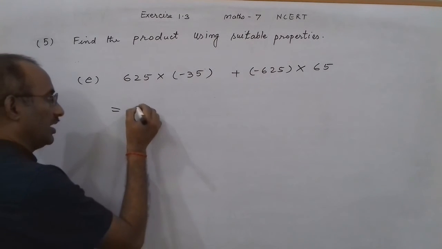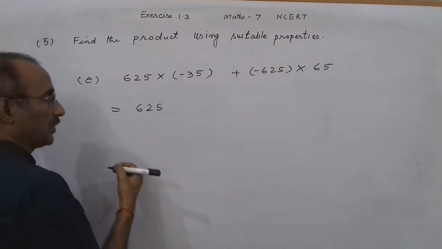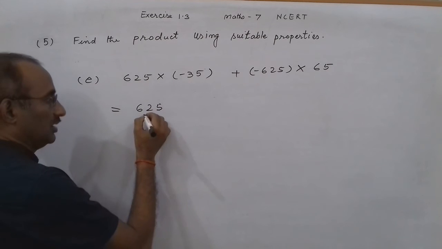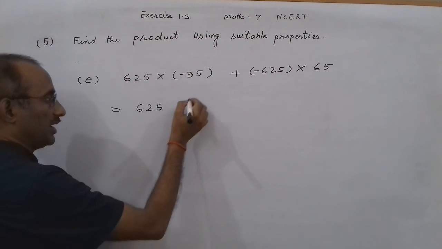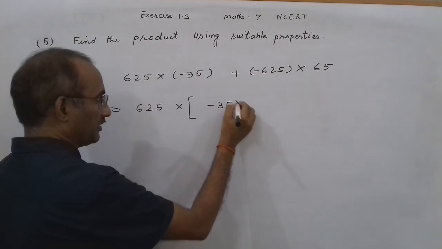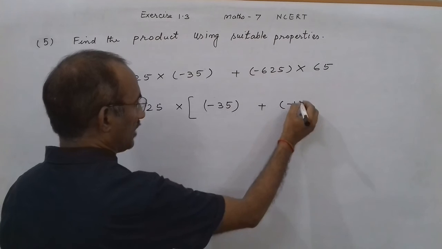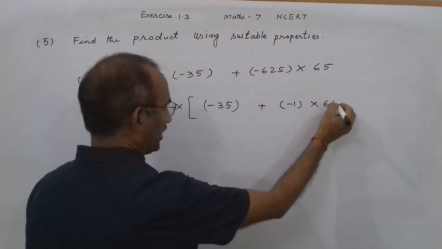So it can be written as 625 using the distributive property. Here we have 625 multiplied with minus 35 and plus minus 1 into 65.